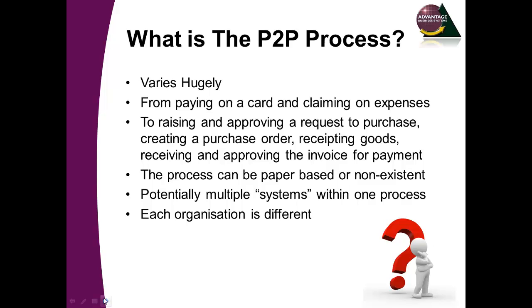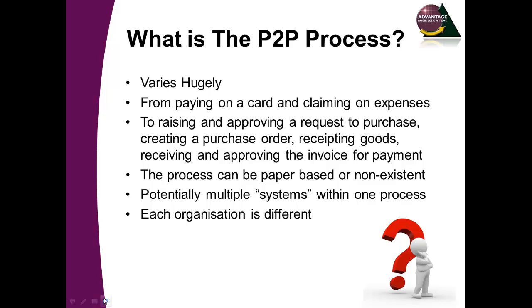A lot of people have a paper-based process of some variety. Sometimes that is just routing the invoice around to the relevant person for them to physically sign. Some people don't have a process at all. Other people have got an electronic process in place, but maybe it's just not doing everything you want it to do. So the idea of today is to give you an idea of the things that are available with Dynamics GP that can enhance your P2P process, make it more streamlined, get rid of the paper that's floating around the organisation, and hopefully make it so that it's a much easier and simpler process for people to go through, but also make sure the finance team are fully aware of everything that's going on around the purchasing part of the business.